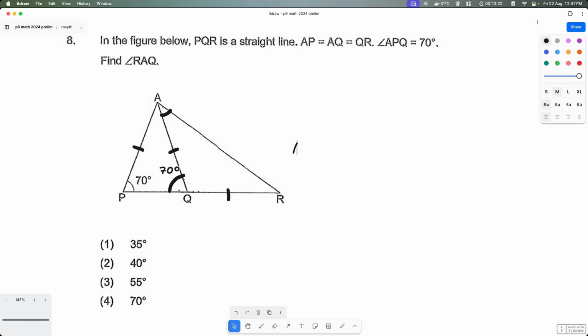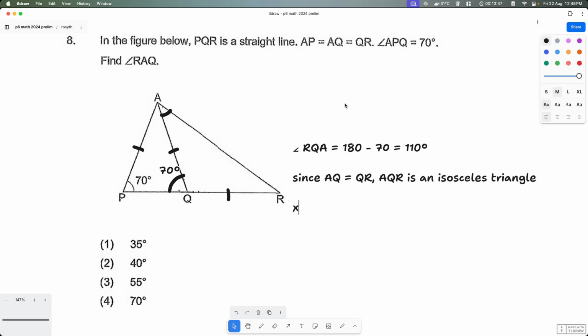So angle RQA is equal to 180 minus 70, and this is equal to 110 degrees. Okay, so since AQ is equal to QR, that means AQR is an isosceles triangle. So let me just write down. I'll use black again.